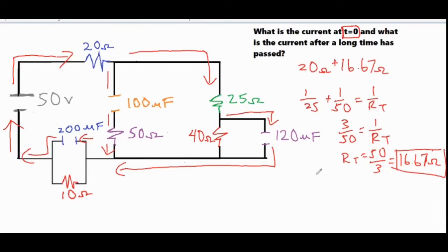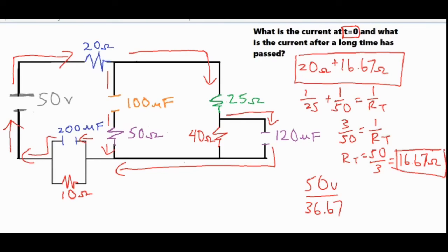And then we can take our 50 volts and then place our total resistance right beneath it, which is 36.67, the sum of these two. And then we get 1.365, so let's go ahead and round that to 1.37 amps.